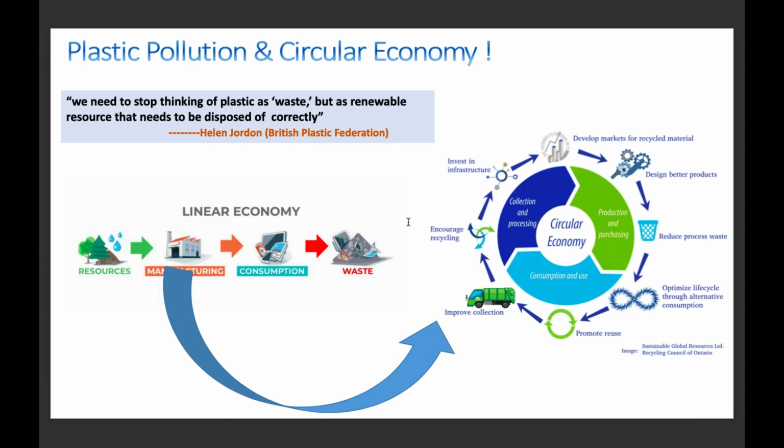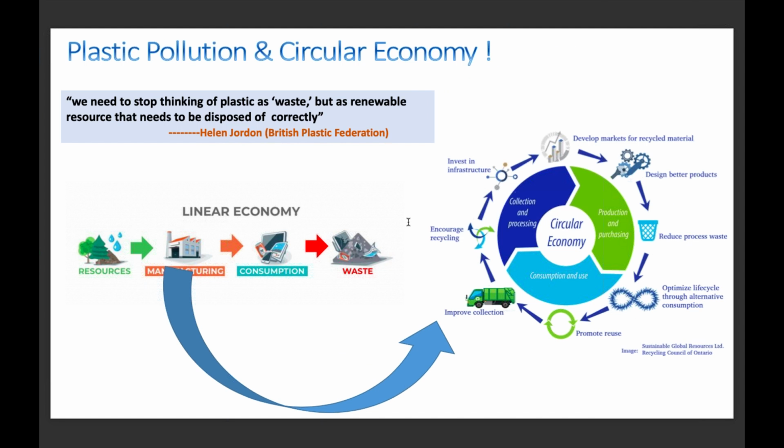In short, the waste of today becomes the raw material of tomorrow. That is what the circular economy is about, minimizing waste. By taking all these collective actions, we can definitely safeguard the health of the oceans and protect marine life.